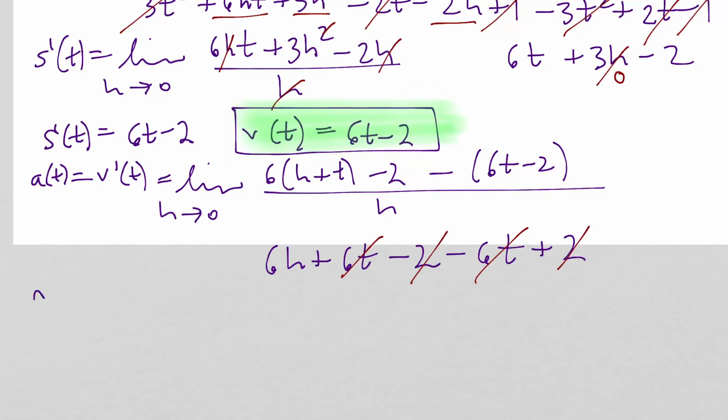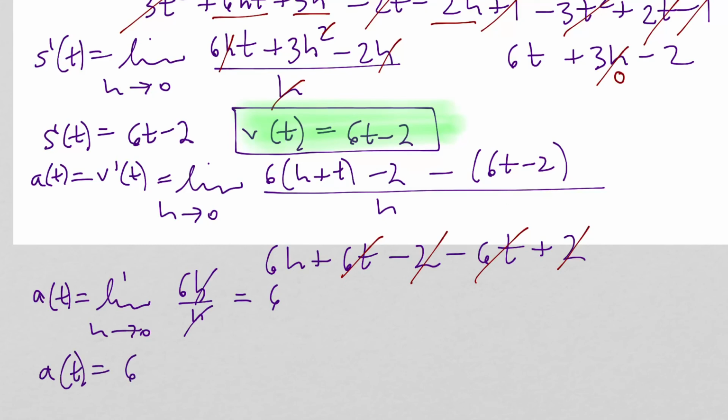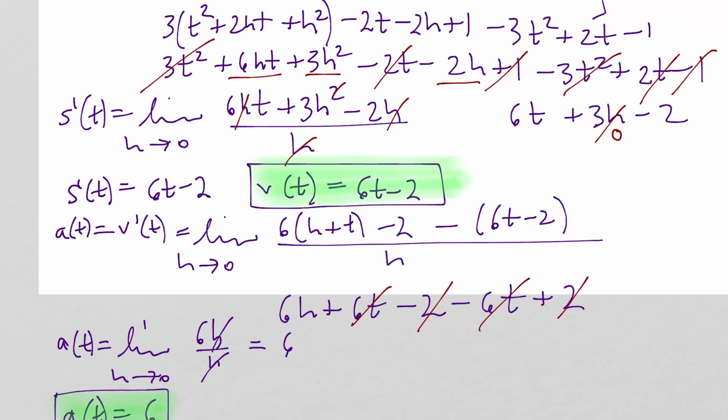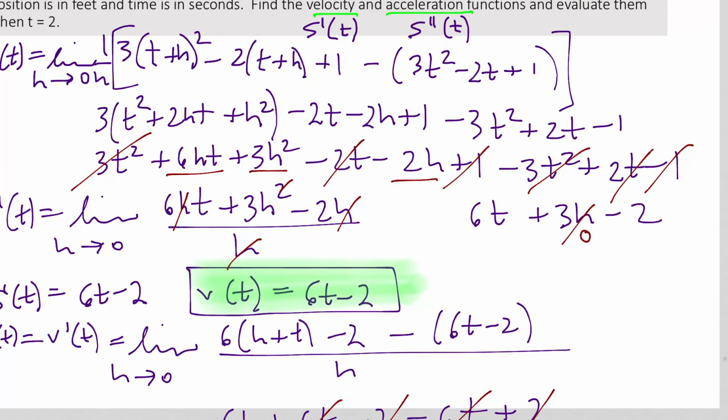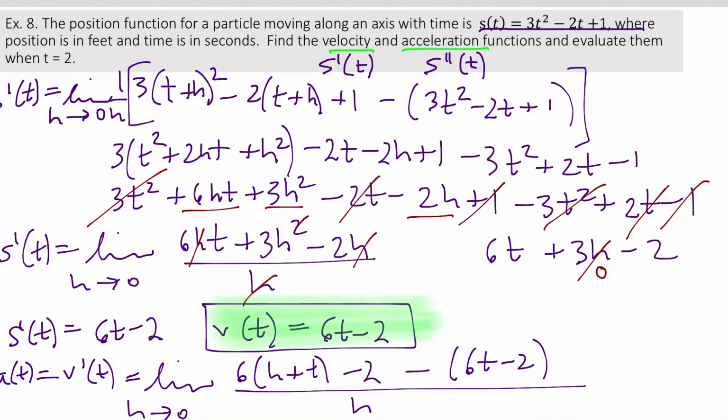So a of t then is equal to the limit as h approaches 0 of 6h over h, where the h's now cancel. So that would just be 6. So a of t is equal to a constant 6. So we wanted to evaluate the velocity and the acceleration at t is equal to 2.